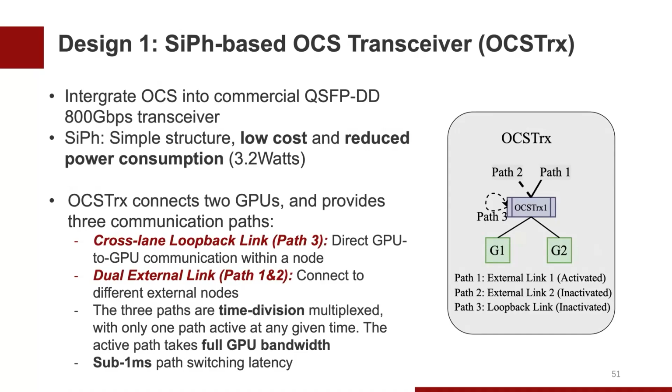We also provide the dual external links, which we call path 1 and path 2 in this figure, and they can connect to different external nodes. These three paths are time-division multiplexed, so only one path is active at any time. The active path can take the full GPU bandwidth, and it also achieves sub-1-millisecond path switching latency. That means when a failure occurs, we can quickly reconfigure the topology.